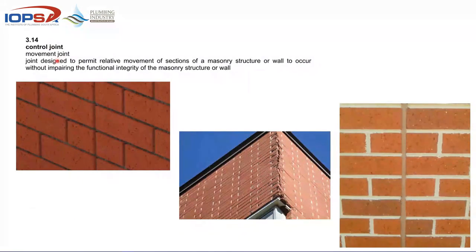And then you'll find there's a definition that says it's a joint designed to permit relative movement of sections of structure or wall to occur without impairing the functional integrity of the building. So you can see these bricks ready to drop.